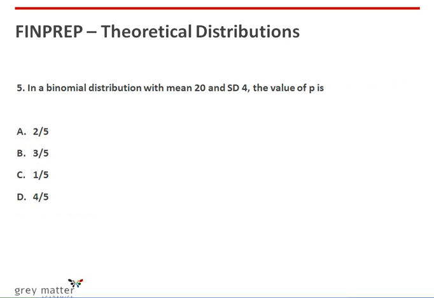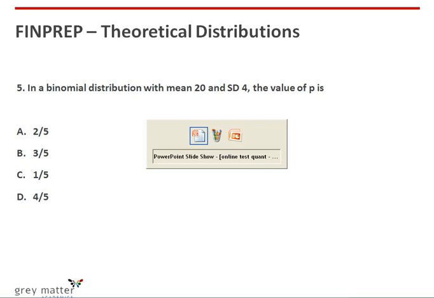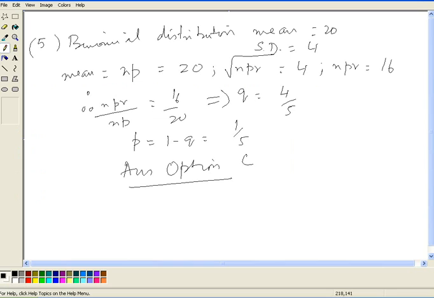Fifth question: in a binomial distribution with mean 20 and standard deviation 4, the value of p, the probability of success, is given in the worksheet as follows. Binomial distribution given to be mean equal to 20, which is nothing but np, which is equal to 20, and SD is actually square root of npq, which is equal to 4.